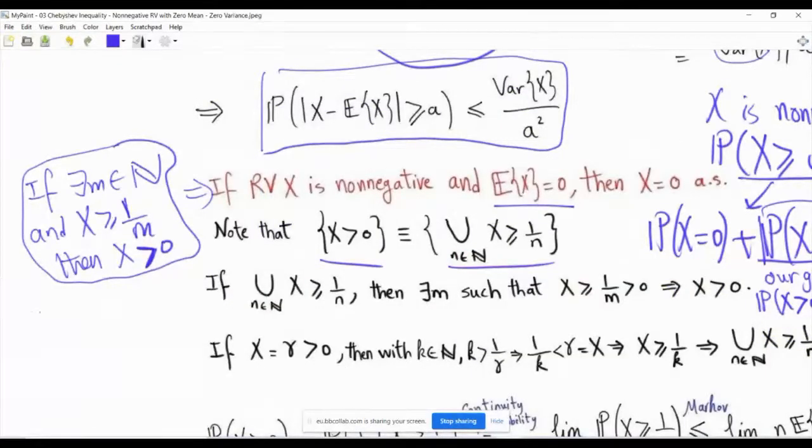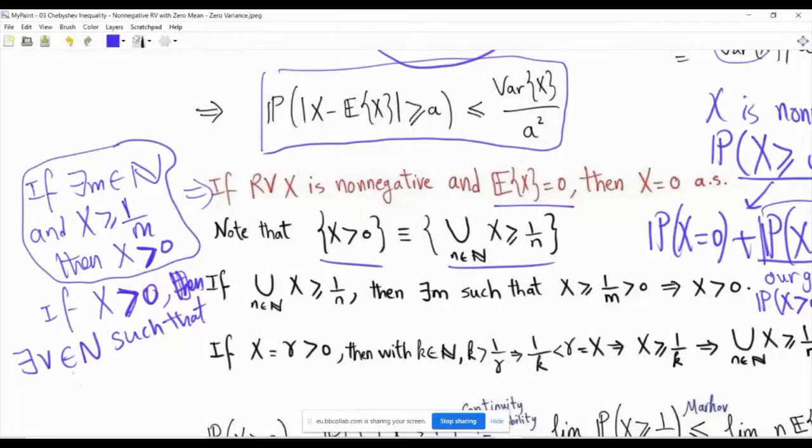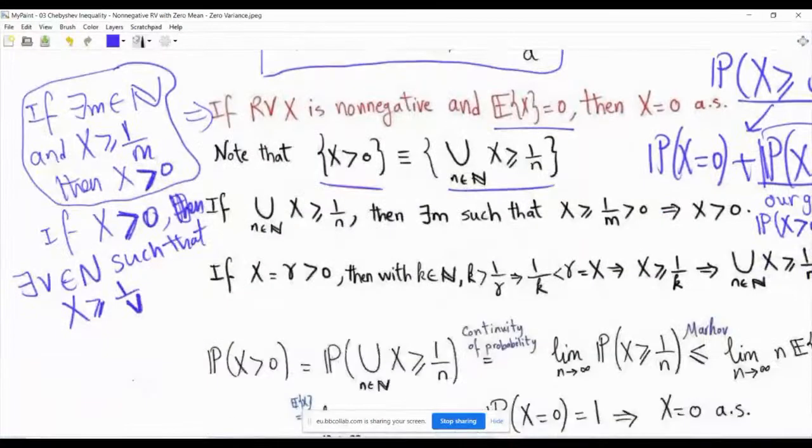Now the other way: if x is greater than 0, then there exists some natural number v such that x is greater than or equal to 1 over v. And actually we can find a formula for this v.